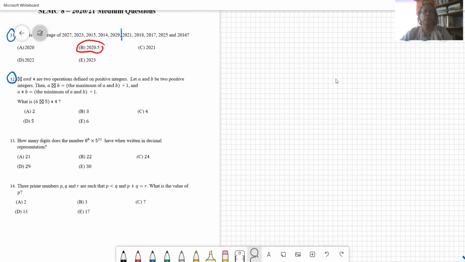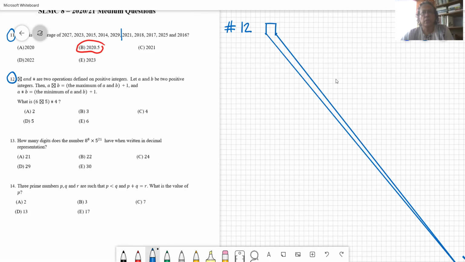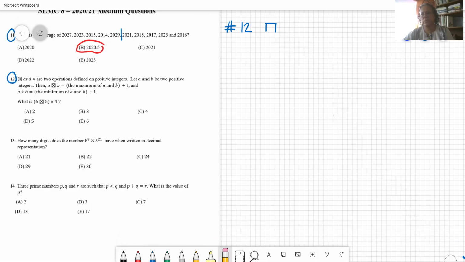So in number 12, we are given two operations. One with this symbol.